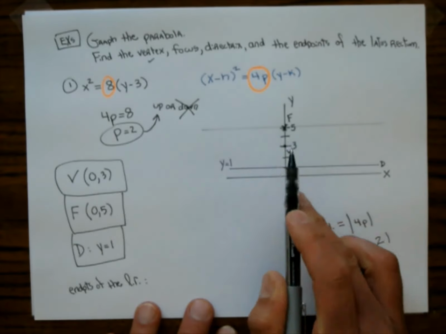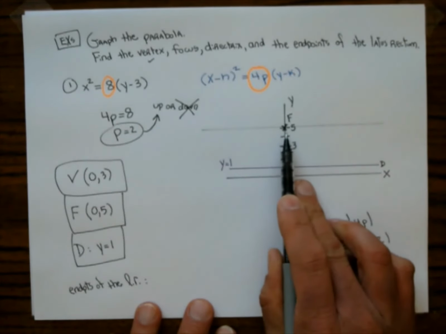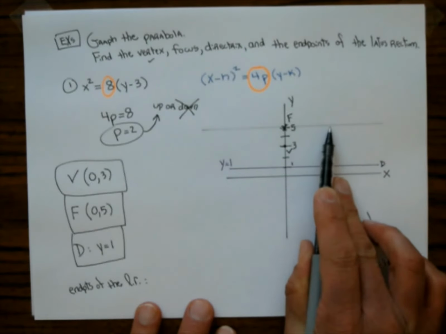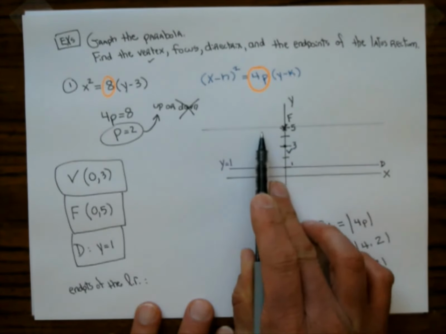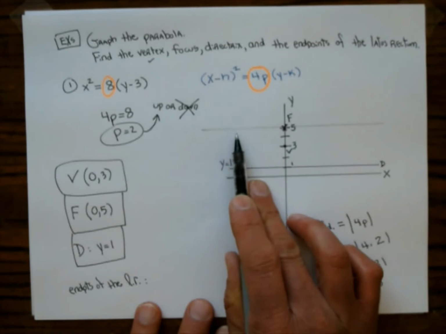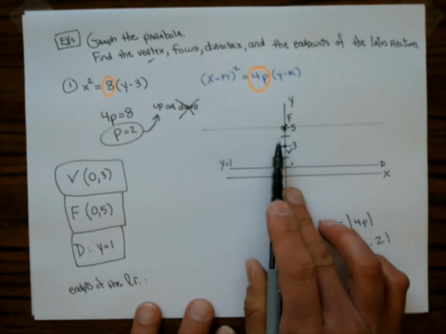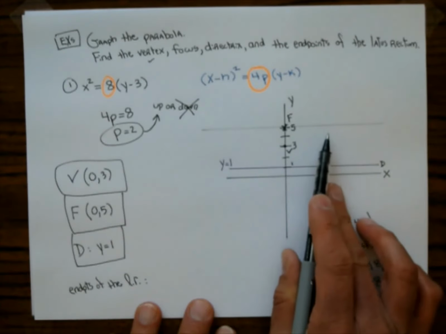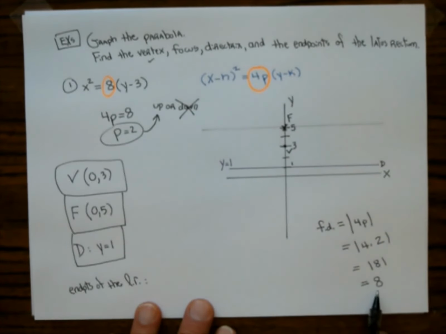If it has length 8, a lot of people make the mistake and they go right from here and count out 8 this way and 8 that way. That would be a mistake, because then you would actually have the focal diameter being 16. So you want to go to the right 4, and that gives you half of it, and then to the left 4. And so that's what I'm going to do.